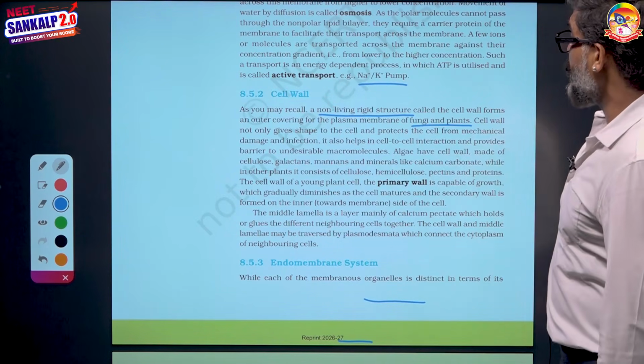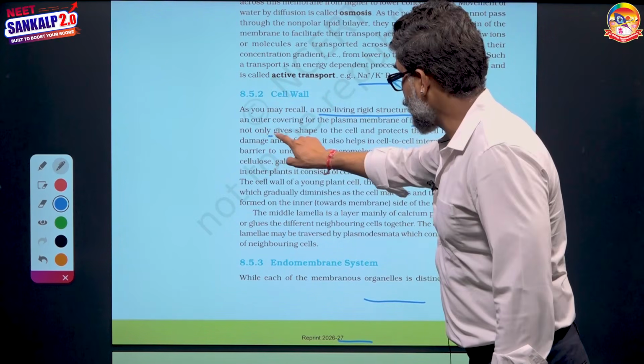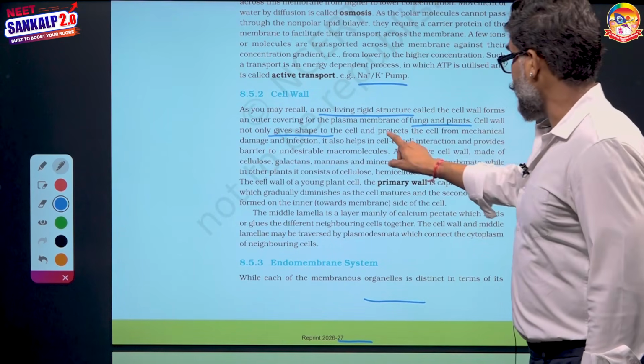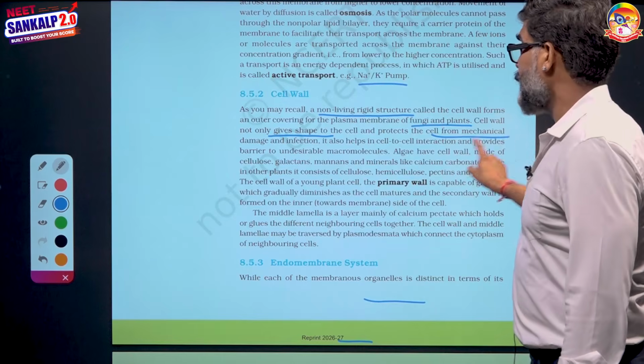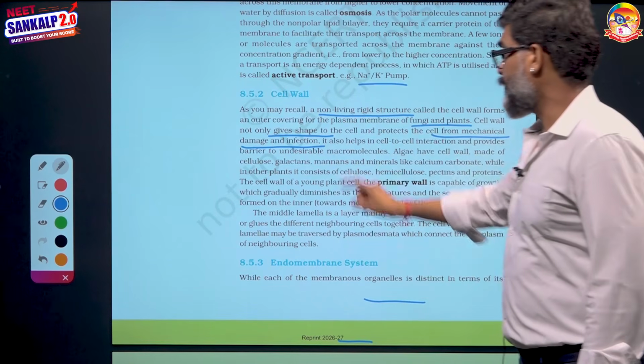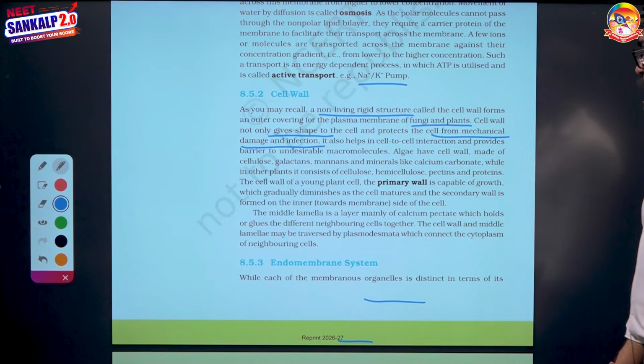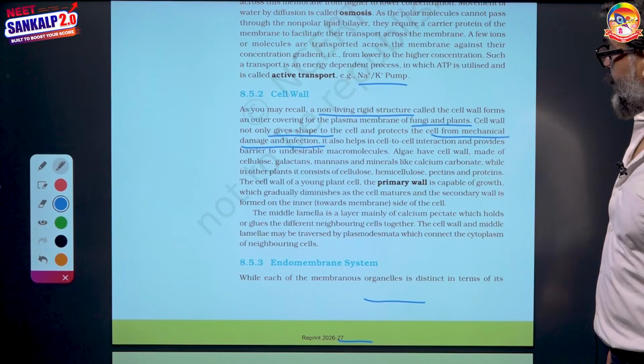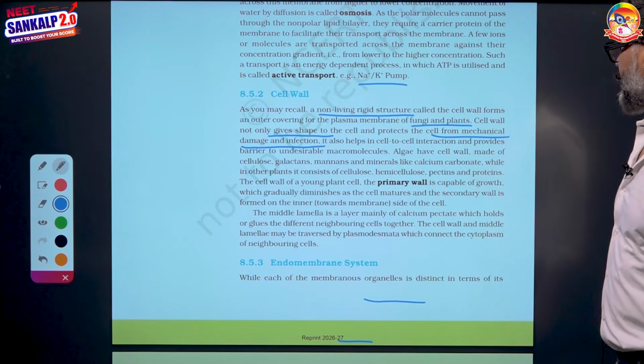The cell wall not only gives shape to the cell, it protects the cell from mechanical damage and various kinds of infections. So protection against mechanical damage, protection against infection, and giving shape to the cell are some functions.